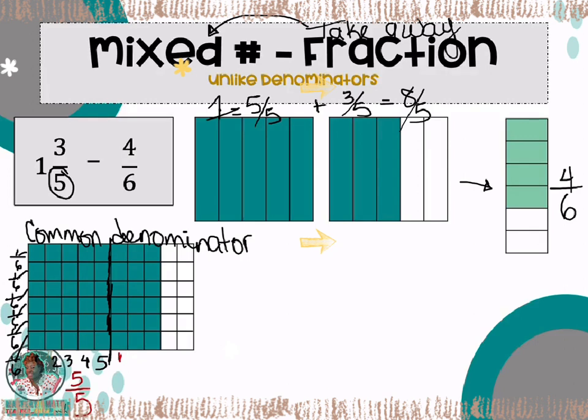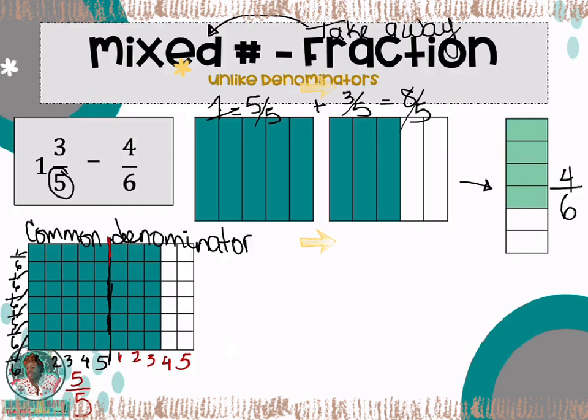Sorry, let's fix that. 2, 3, 4, 5. So you have 2 wholes, 5/5 and another 5/5, which is why we have our 8/5. Whenever you have an improper fraction, you know that you need 2 bar models and you need to put those together. So we have this right here.